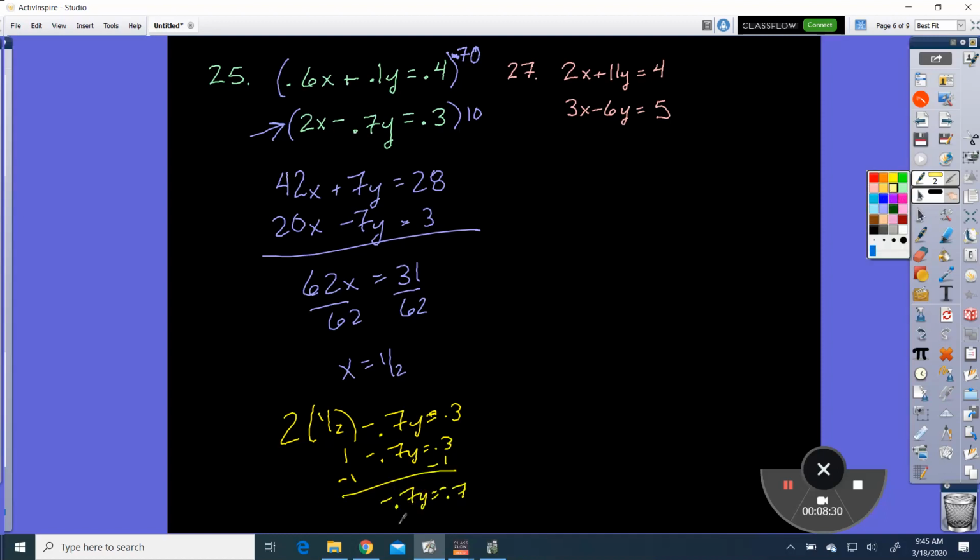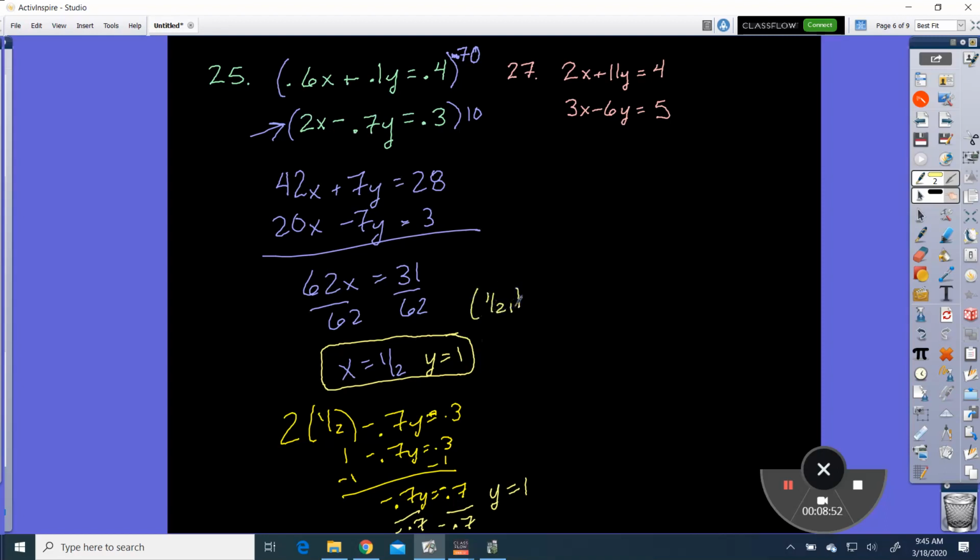And then I'm going to divide by negative 0.7. So how many times does negative 0.7 go into negative 0.7? Well, that's a 1. So x equals 1 half, y equals 1. Okay, so that's that question. So that was, again, 25. That's just me showing you how I would work this problem. You know, there's different ways you could work with it, with decimals, and that's all right as well.